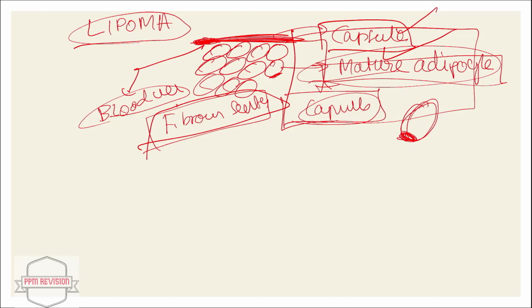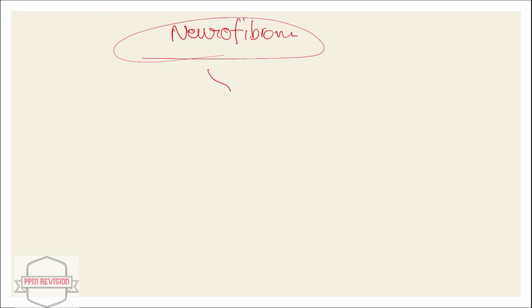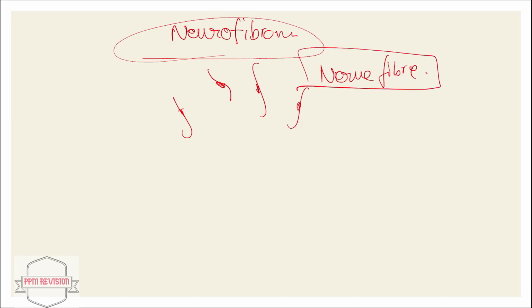Next, moving on, we'll be looking at the neurofibroma. These things are very simple and easy, so I'll go a bit fast. In the neurofibroma there's presence of the nerve fiber. I think I've gone a bit fast in the past 2-3 slides, but don't worry, I will be recapping that.